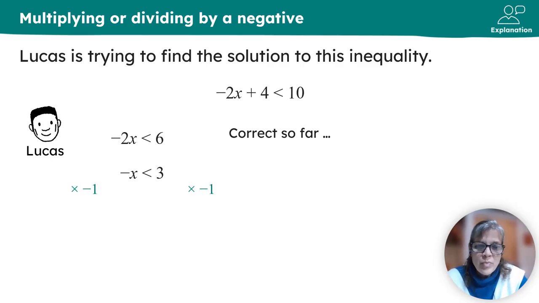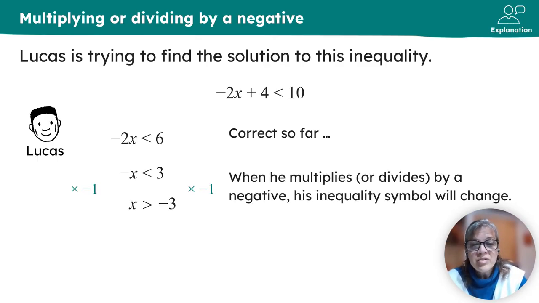If he multiplies both sides by -1, the new rule that we just talked about, and the thing that makes it a true statement, is you have to flip it and say, now x has to be greater than -3 if minus x is less than 3. So x has to be greater than -3. When you multiply or divide by a negative, the inequality symbol will change.